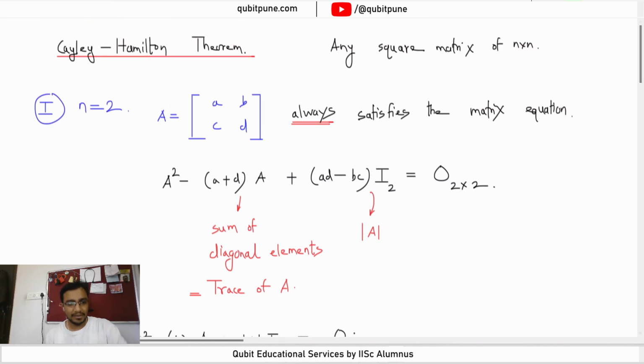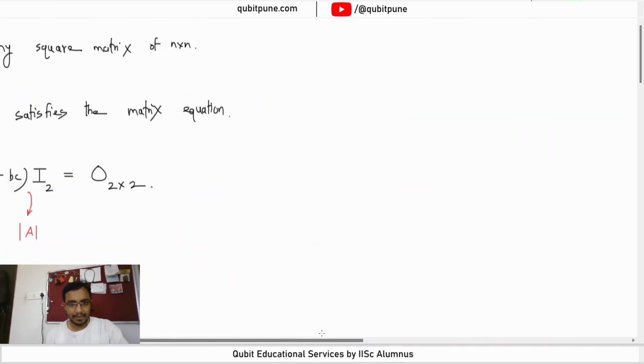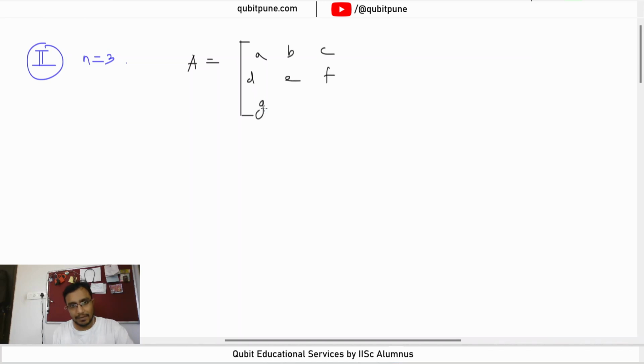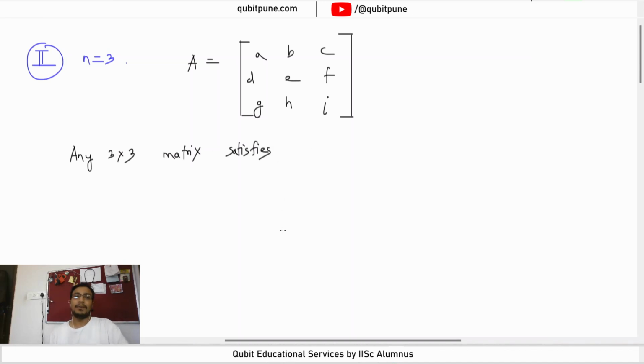Okay, let's now discuss the 3 by 3 case. N equal to 3. Suppose A is the matrix A, B, C, D, E, F, G, H, I. Any 3 by 3 matrix satisfies the following equation.